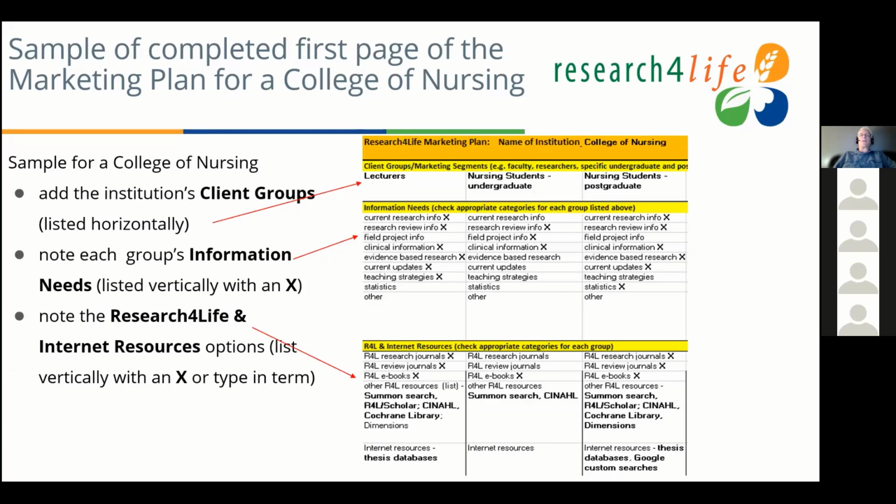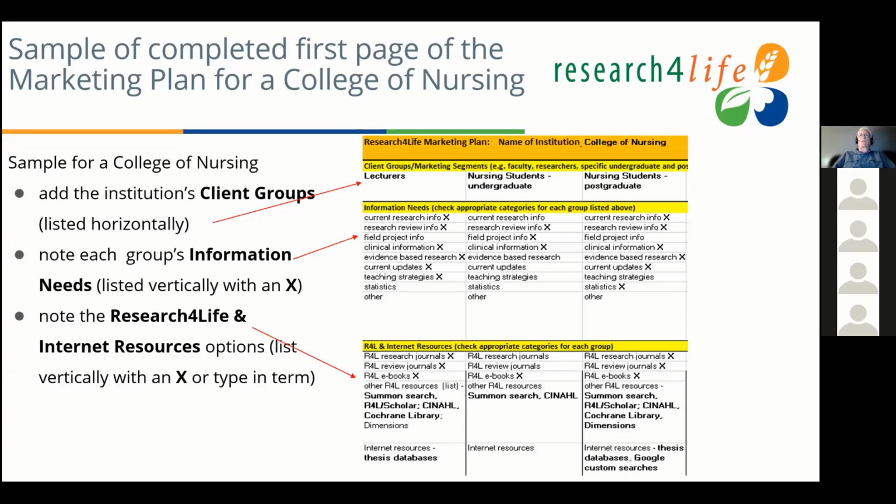They need updates and anything on teaching strategies. So you go to the next group, Research for Life and internet resources, and then you would click on, oh yes, they would need Research for Life journals, review journals, ebooks, and then there are some of the other tools that may be useful for lecturers.